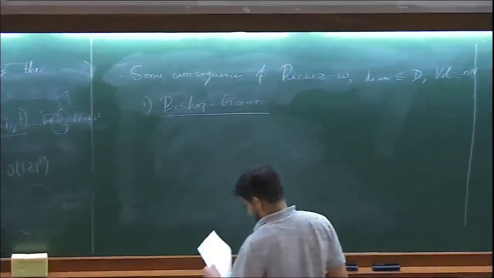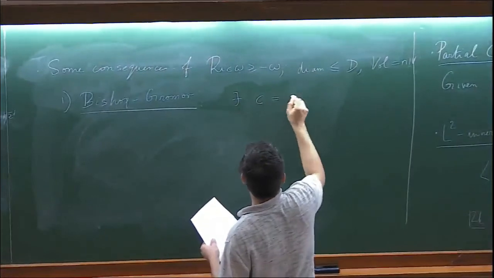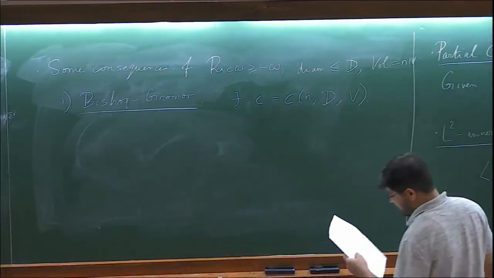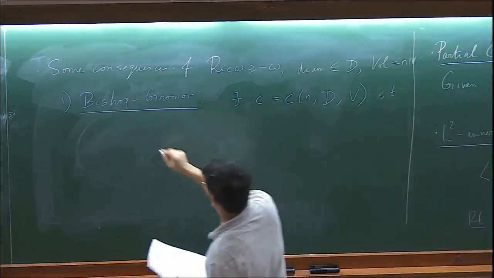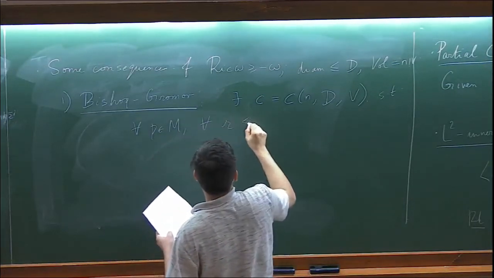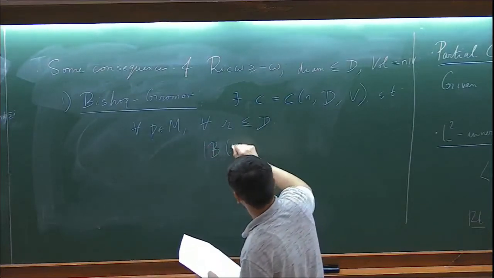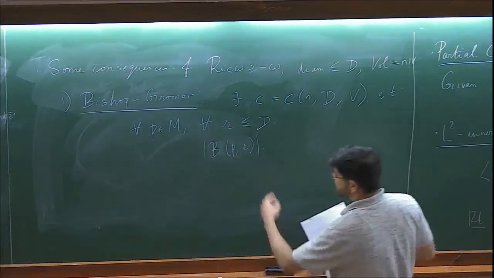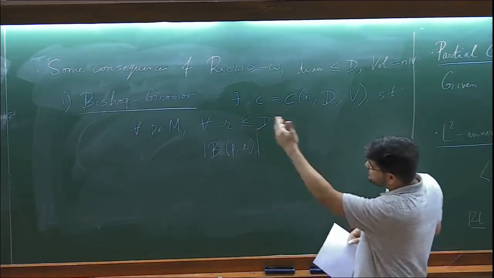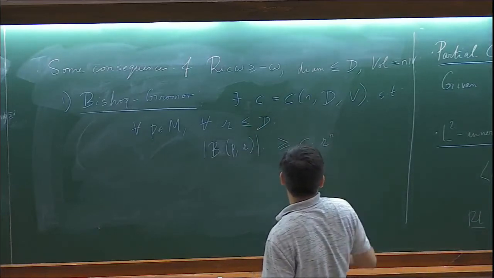you have the famous Bishop-Gromov inequality, which says that there exists a constant depending on the dimension and on these parameters, such that for all points on the manifold and for all radii less than the diameter, if you look at the volume of the ball of radius r, in the metric that we are considering, in this case the metric omega, then this is lower bounded by c times r to the 2n.